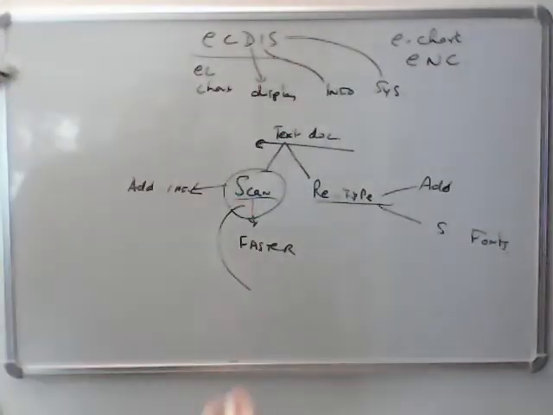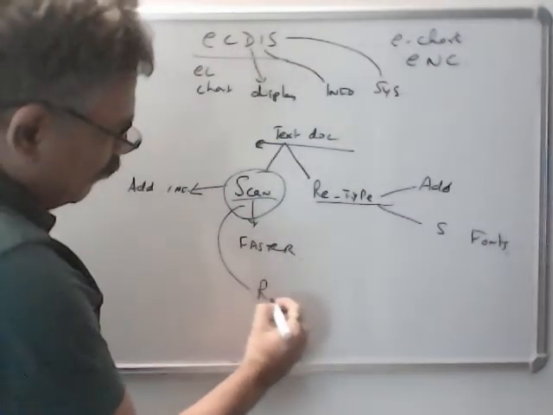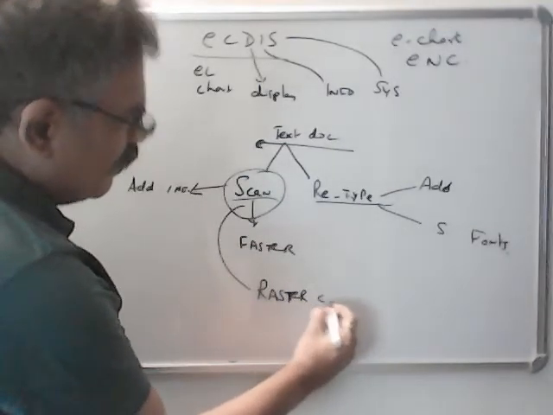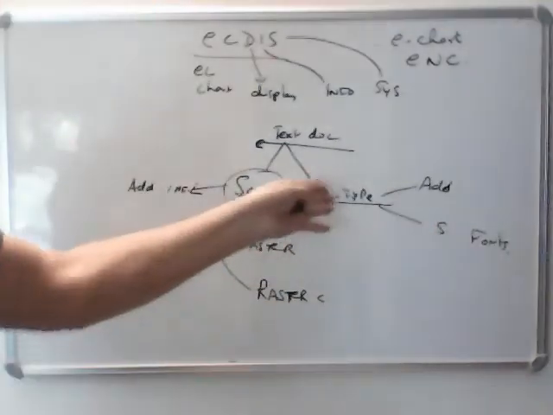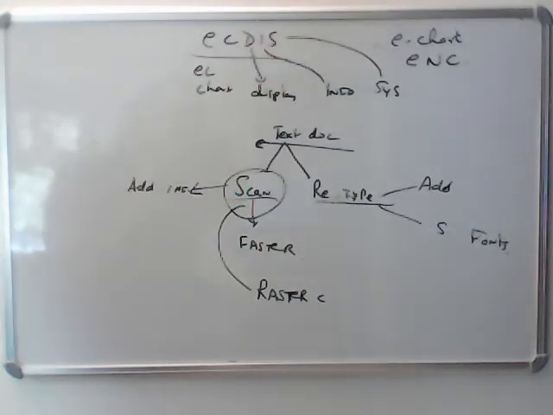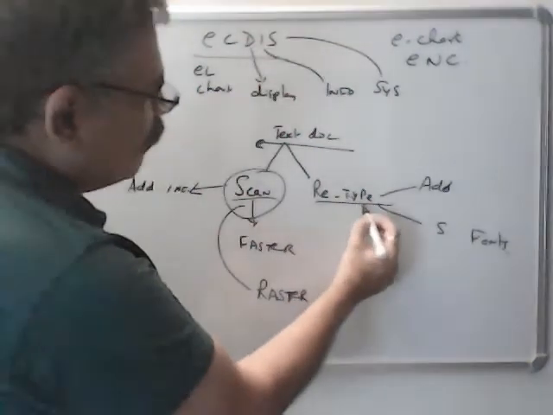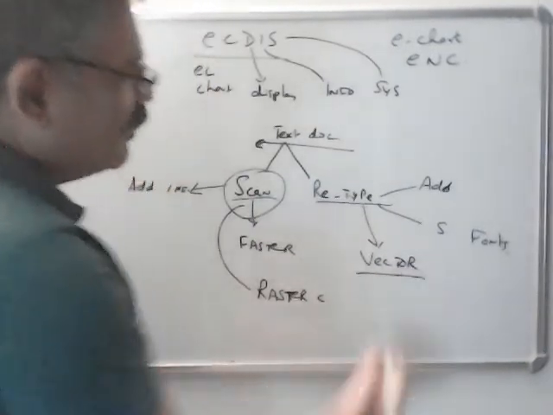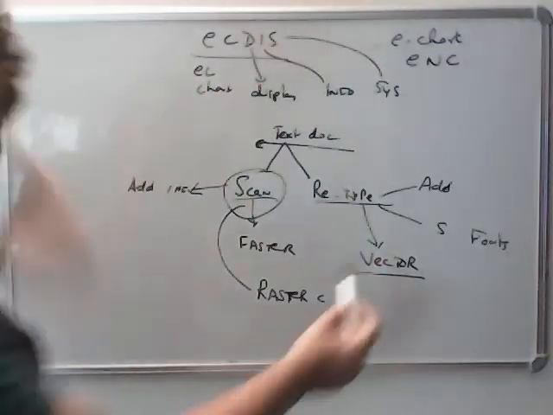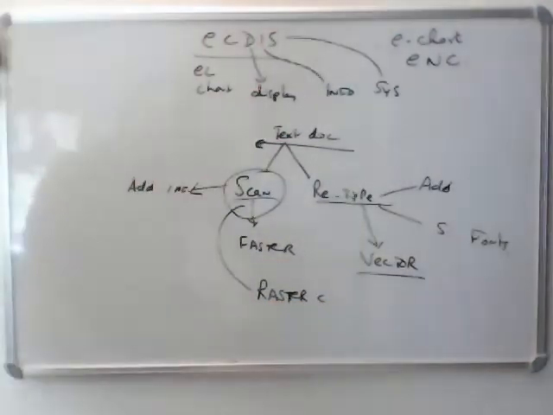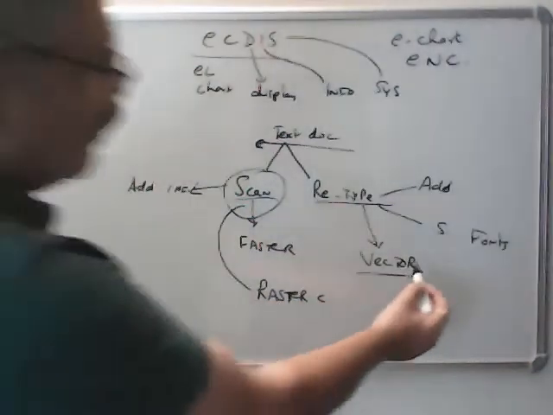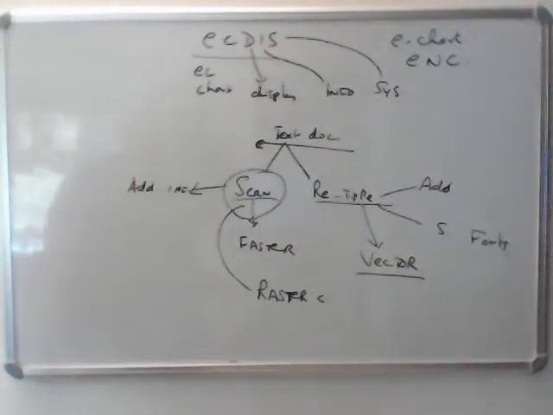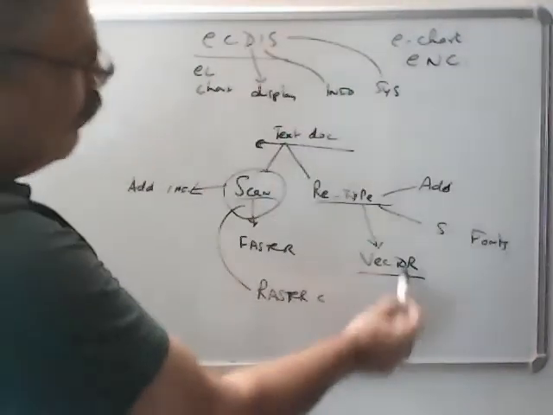Charts made by scanning are known as raster charts, and those made by remaking them are known as vector charts. Vector had certain benefits, like you could put extra information, such as particulars about lighthouses. Most electronic charts nowadays are vector charts.